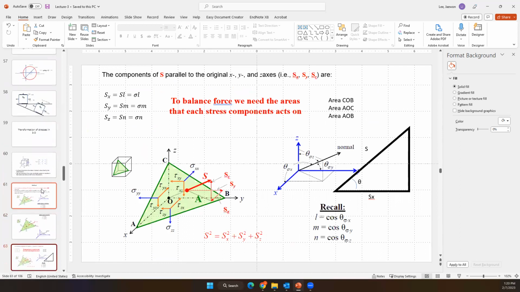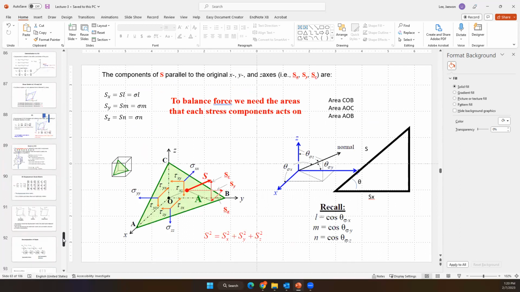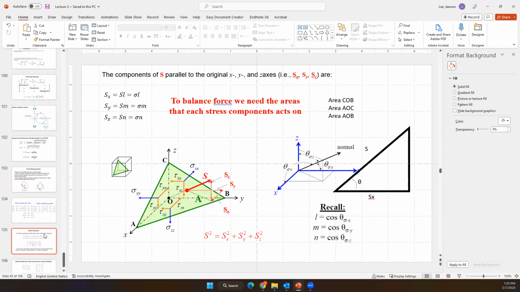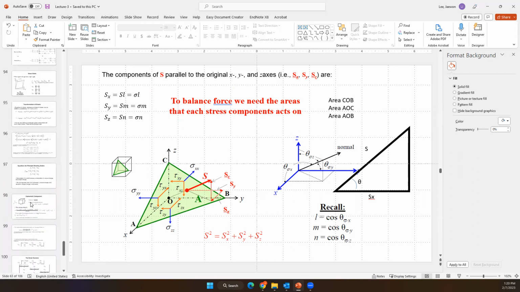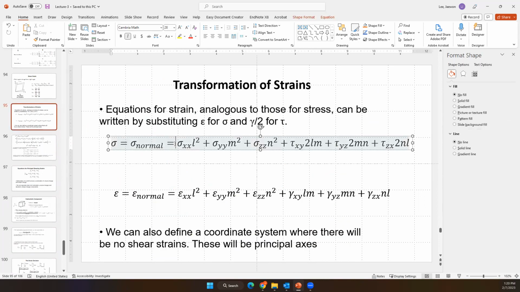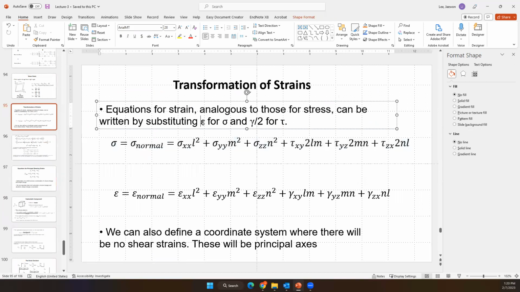So, I couldn't find it. Okay. So we can replace the epsilon, sigma, and one over two tau.